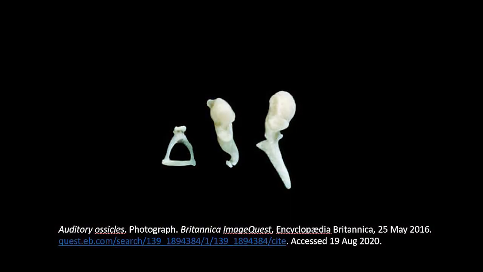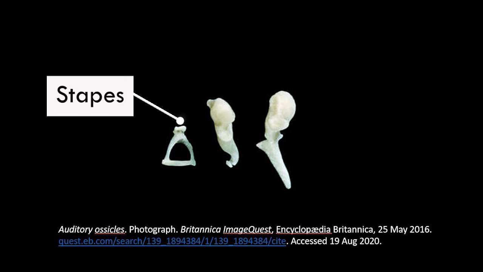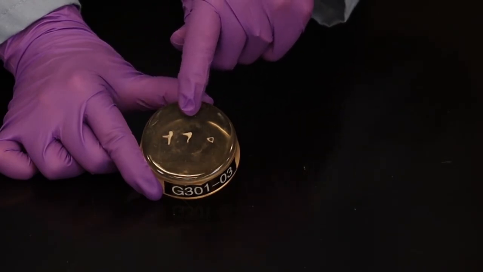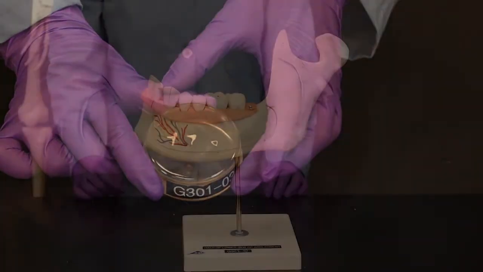The one that looks kind of like an anvil is called incus. So malleus will actually hit incus in order to transmit vibrations. And then the last one that looks like a stirrup is called stapes. So once more, the auditory ossicles are malleus, incus, and stapes.